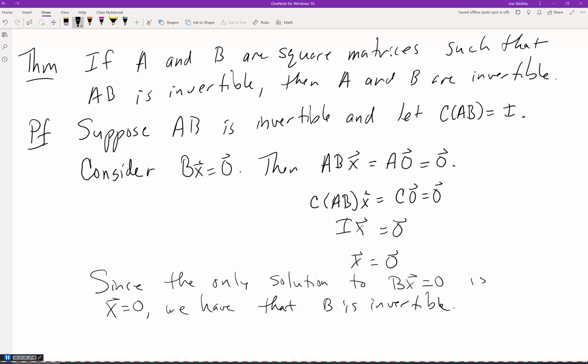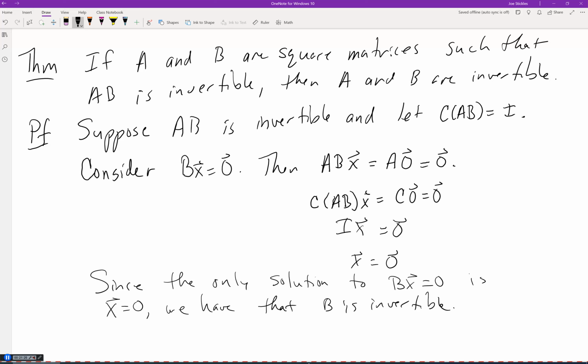So that gives us an example of how we can use that theorem to show something's invertible without actually finding what its inverse is, right? We never did write down what the inverse of B was. We used the theorem that says that having only the trivial solution to the associated homogeneous system is equivalent to being invertible. That's how we got there.